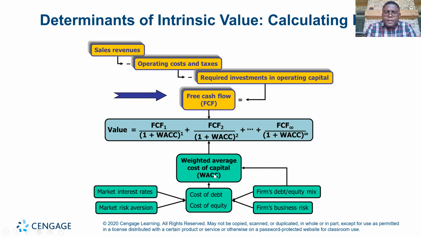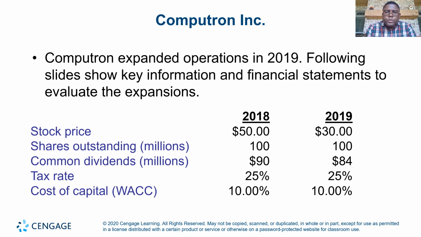Once we have the weighted average cost of capital, which is the WACC, we can use that in calculating the present value of free cash flow period after period. And then we sum them up. That will give us the value of the company, the intrinsic value of the company. So the value of a company is basically the present value of all free cash flow, the sum of present values of all free cash flow.